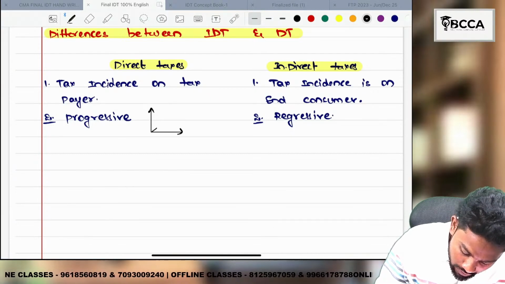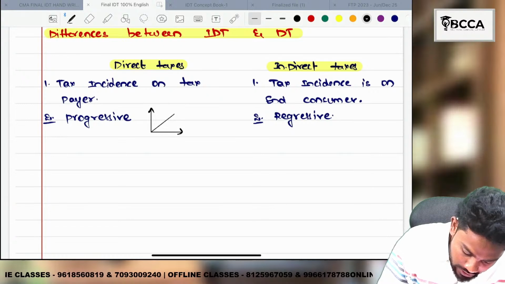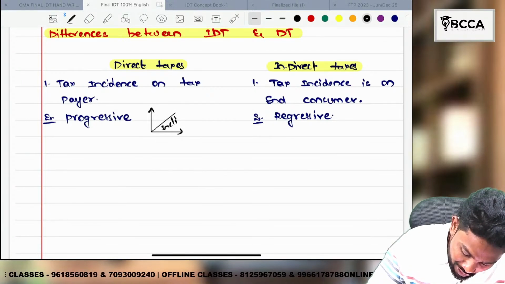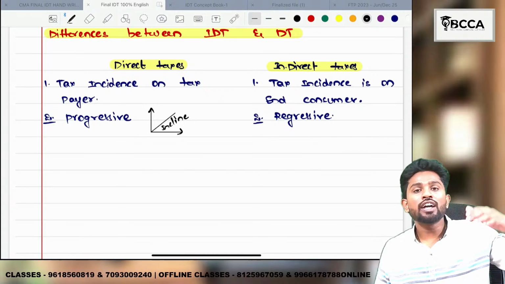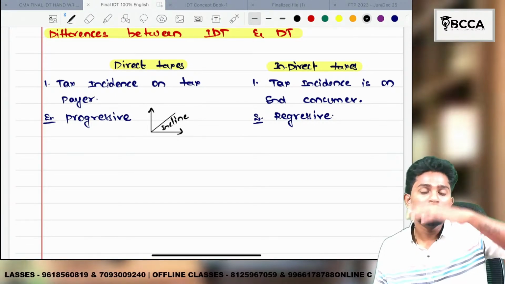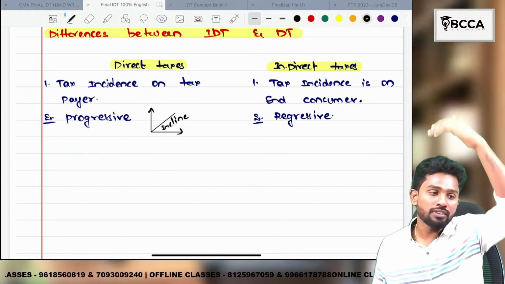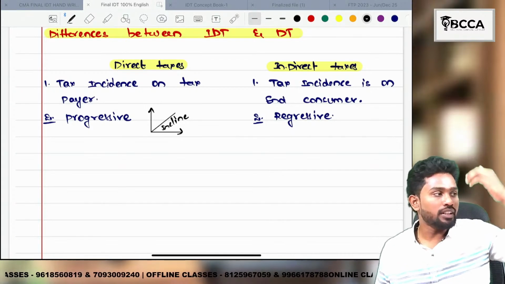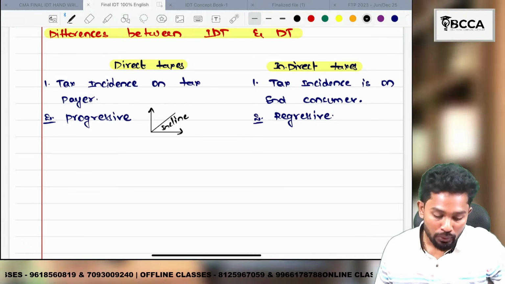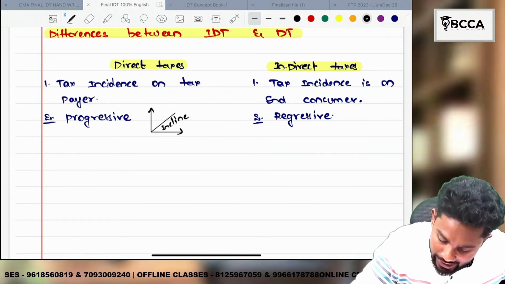I mean, when your income increases, the tax rate will also be increasing, like this, incline. Up to 4 lakhs, one slab, 8 lakhs, another slab, 12 lakhs, another slab, like that. 0, 5%, 10%, 15%. When your income increases, even the tax rate will also increase. That is called as what? Progressive in nature.